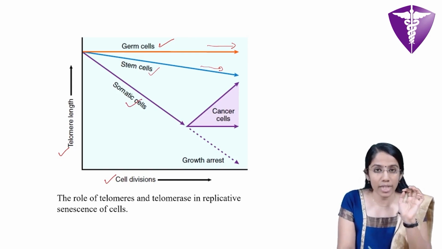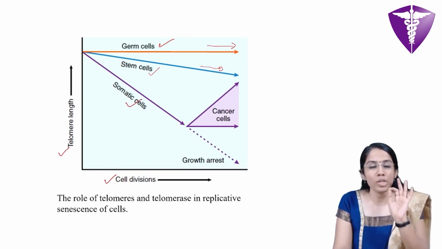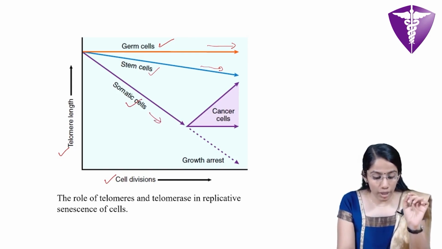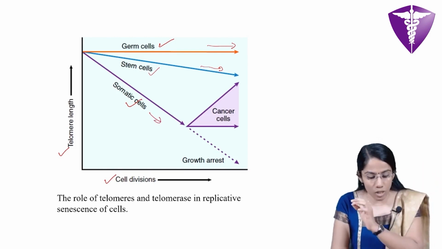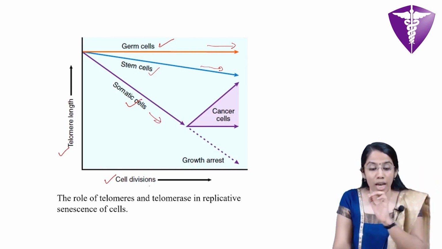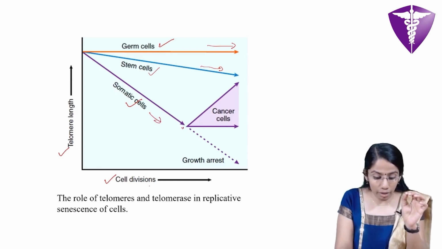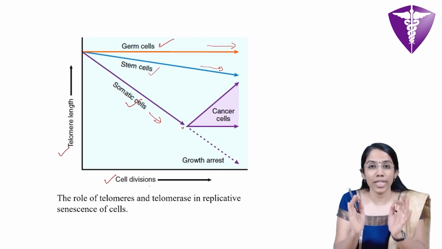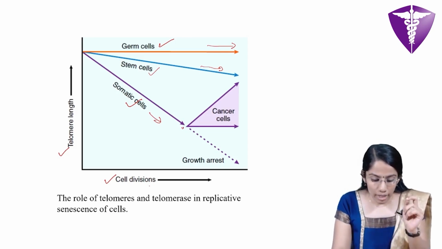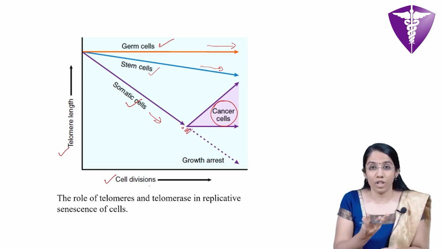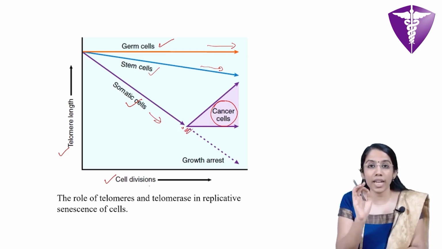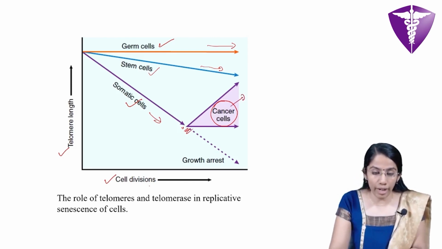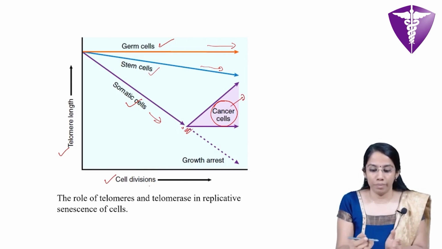But in somatic cells, telomerase activity is almost nil, because of which the telomere length decreases with the number of cell divisions. After a certain point, it decreases to such a level that growth arrest occurs. Whereas here, note that in cancer cells, at some point, there occurs reactivation of the telomerase enzyme. This reactivation spells trouble, because then the cell can continue to divide without any restriction.